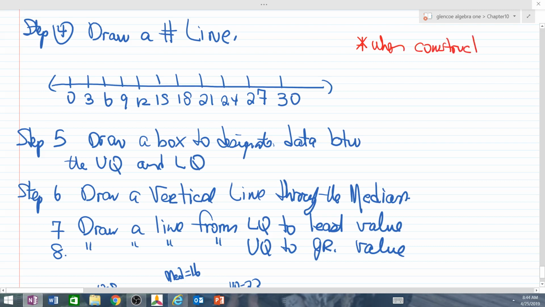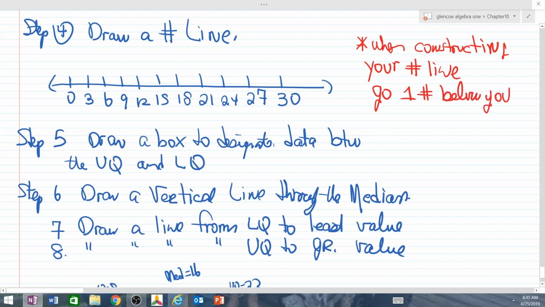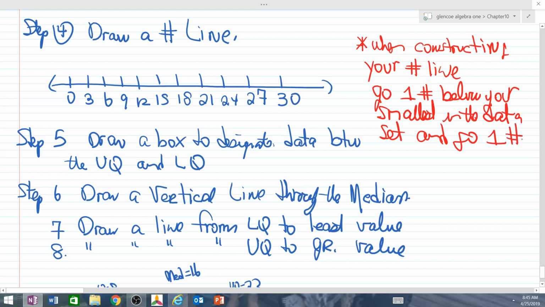So when constructing your number line, go one number below your smallest in the data set, and go one number above the largest in your data set.